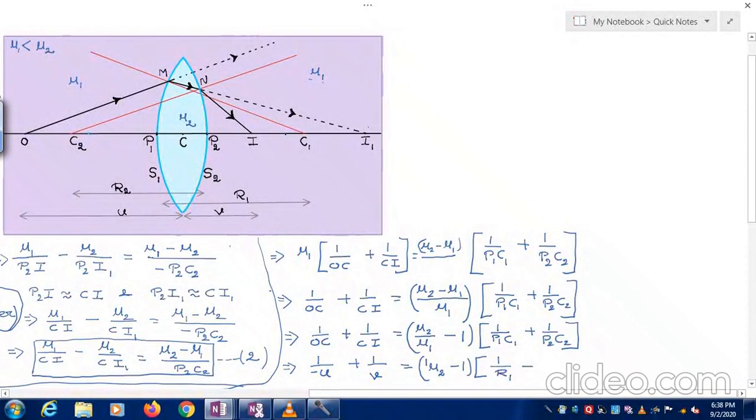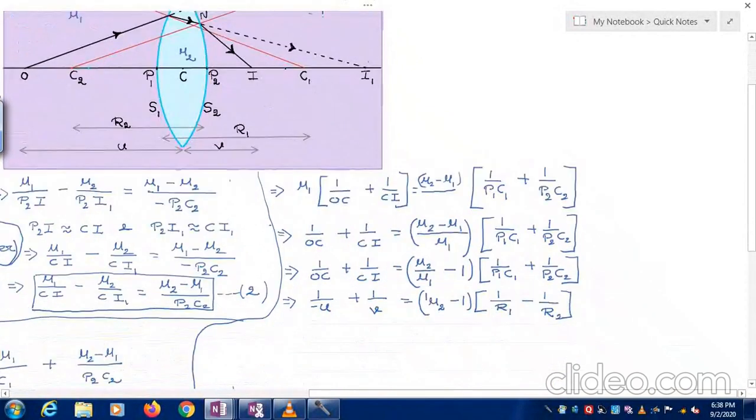P2 C2 is minus R2, as it is at the left side of the lens, so 1 divided by minus R2 will be equal to minus 1 by R2. So this implies 1 by V minus 1 by U is equal to mu2 1 minus 1 into 1 by R1 minus 1 by R2.